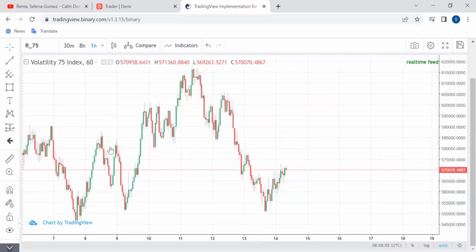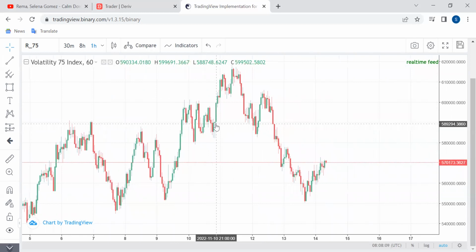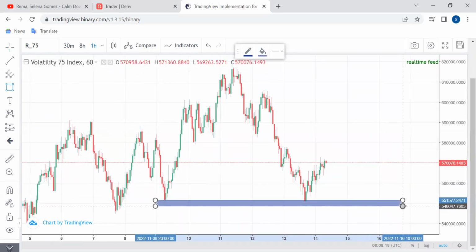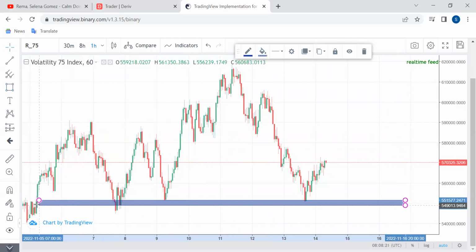I'm moving to the 1 hour time frame. You see, this is how the 1 hour time frame looks. What I will do next, I will also identify my zones. Here there's a very clear support. A very, very clear support there.